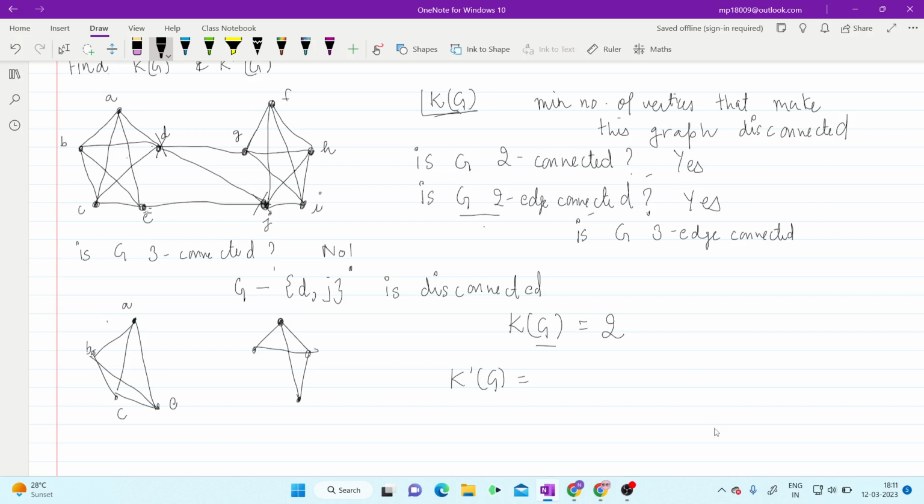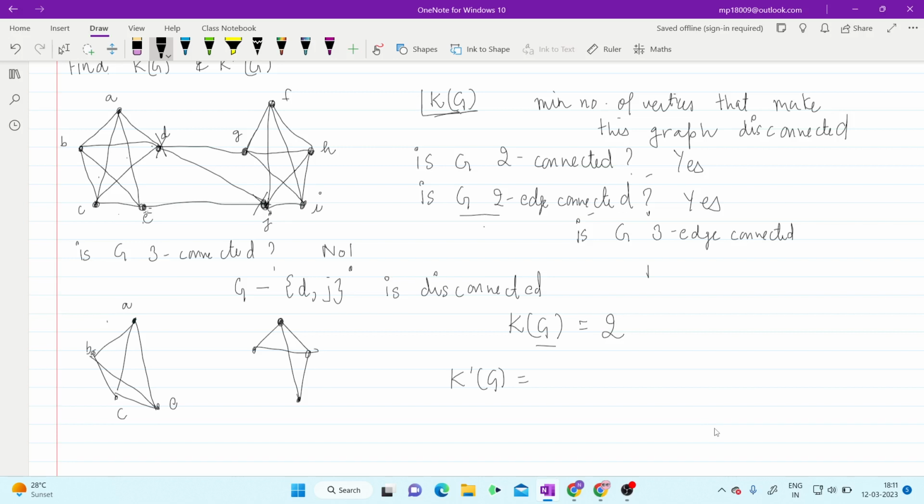And if we remove some two edges from the vertices a, b, c, e, this graph is still not becoming disconnected. So if we remove any two edges, this graph is not becoming disconnected. Therefore G is three edge connected.